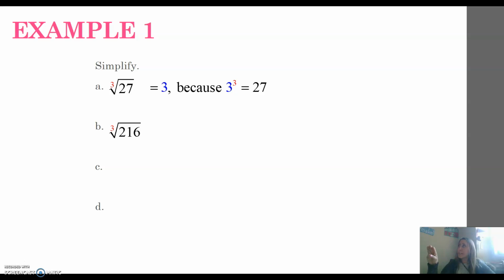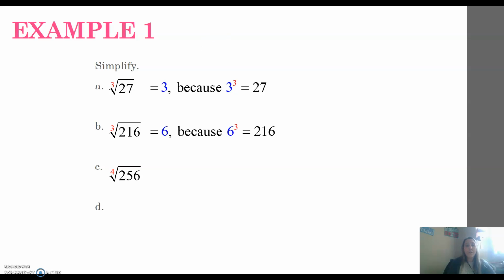So then we're done. 4 is not it. 5 doesn't work because it doesn't end in a 5, but 6, let's try 6. So 6 to the first is 6. 6 squared is 36. 36 times 6 is 216. So then it has to be 6.